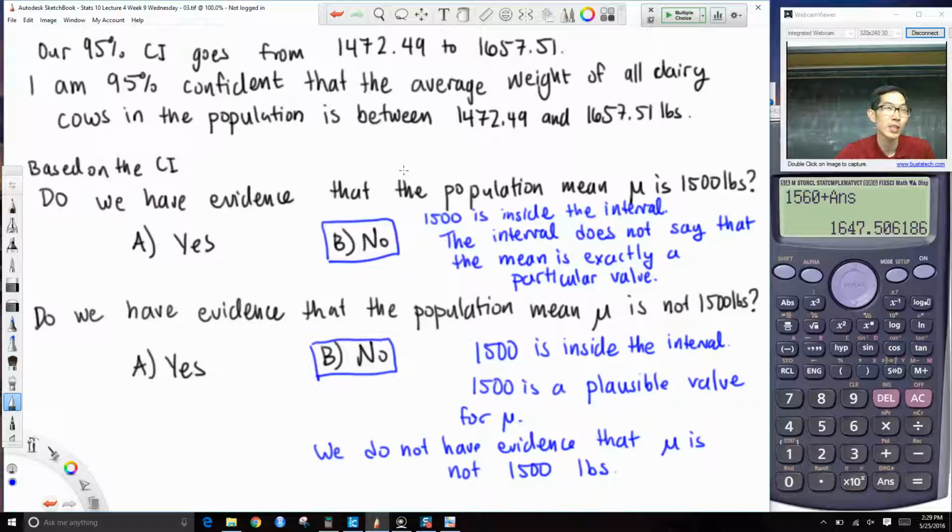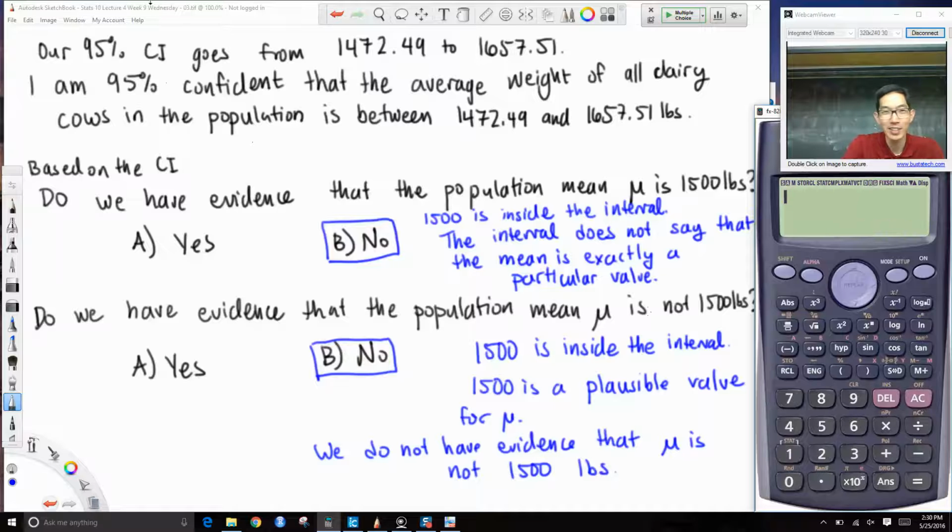However, we cannot say that it is 1,500. I know we generally try to avoid double negatives, but we have to say it this way because not having evidence that it's not 1,500 is not evidence that it is 1,500. I know we don't like it that way, but that's how it is.